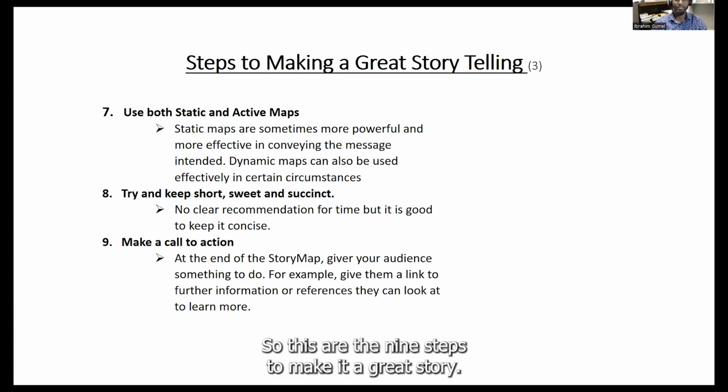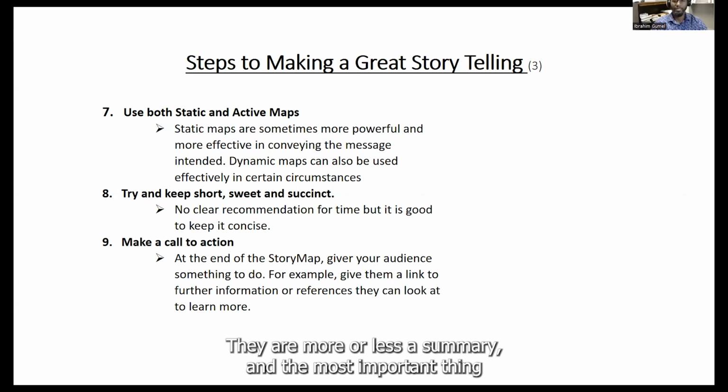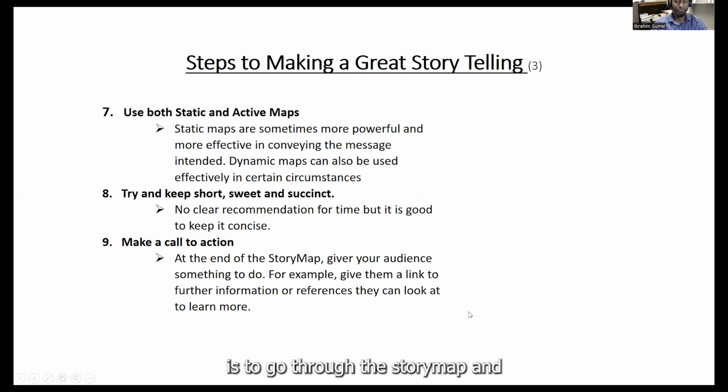So these are the 9 steps to making a great story. They are more or less a summary, and the most important thing is for us to go through the story map and see how we can apply some of these tips.